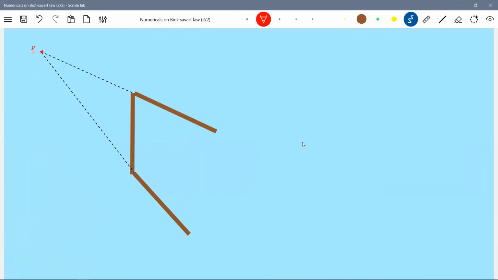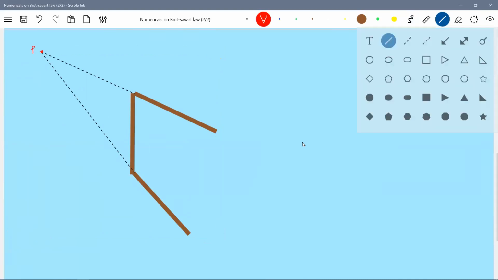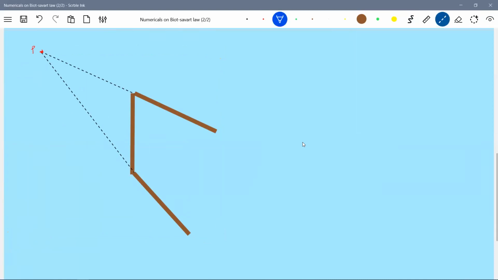So what is the information available? The information available for us is this distance. These angles, I'll define it, 30 degrees.